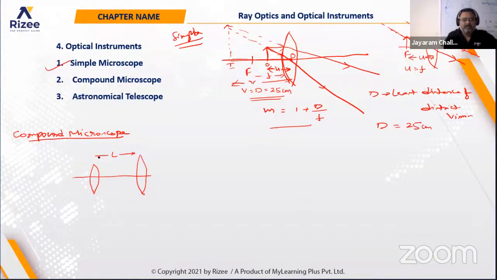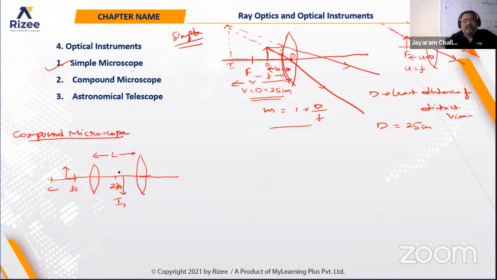L here. Now for general usage, we place the object between the focus of the objective and the center of curvature of the objective. So the image falls behind the 2f0 here. The first image I1 will be an inverted magnified image.